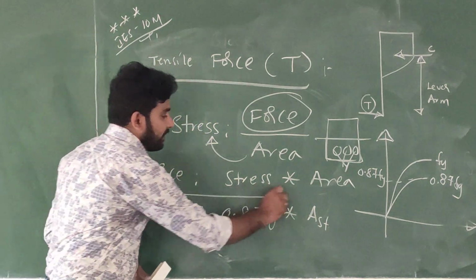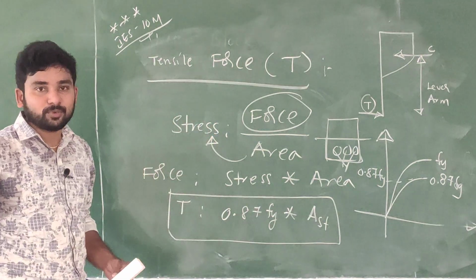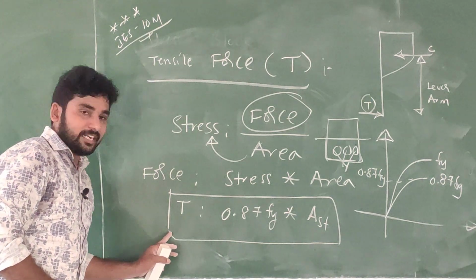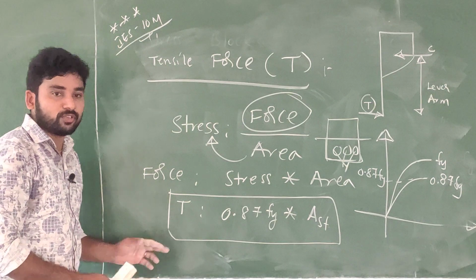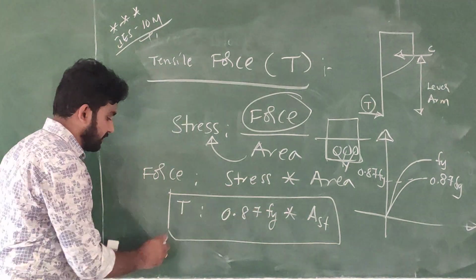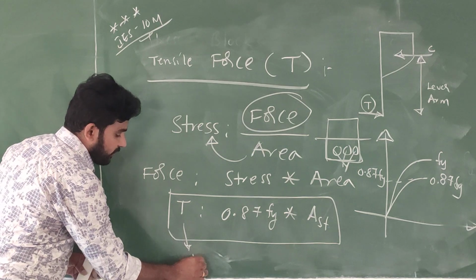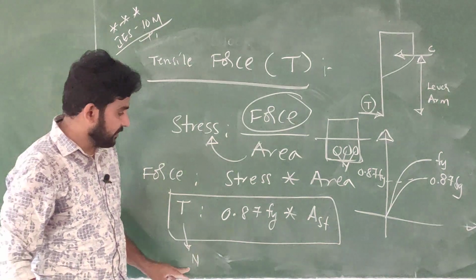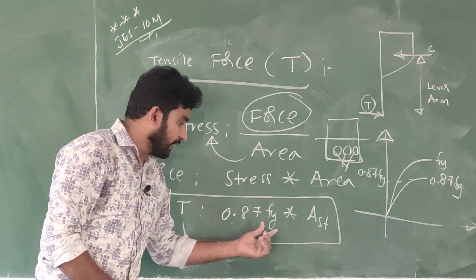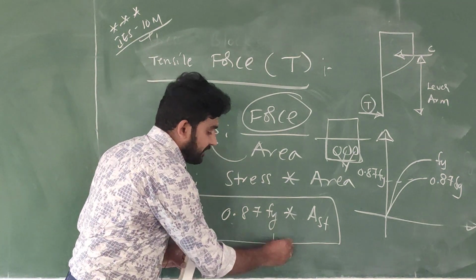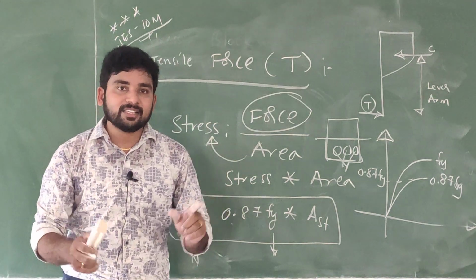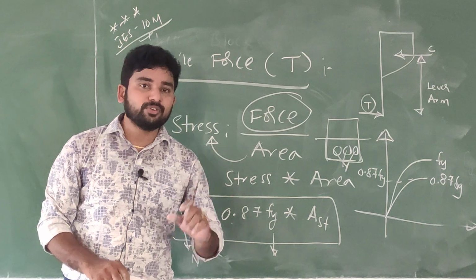So put it in dabba. Put it in dabba. Now for this tensile force, if you want to know whether it is right or wrong, your determination is T. What is the unit? Force, Newton. Now 0.87 is a numerical value, there is no unit at all. Fy is nothing but the yield strength of steel. What unit should we use?